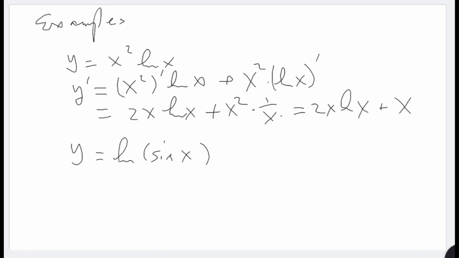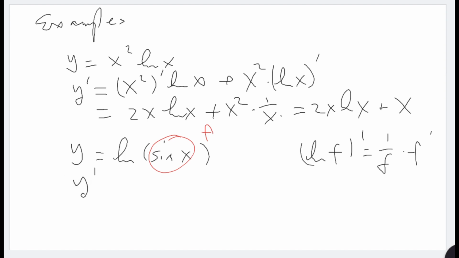So let me actually copy the formula here. The derivative of log of f will be 1 over f times f prime, and in this case this is like f.